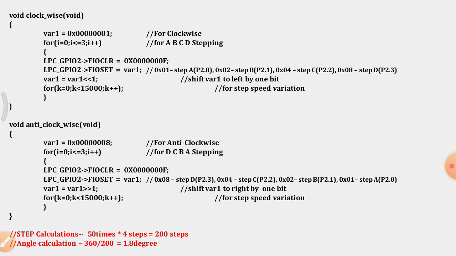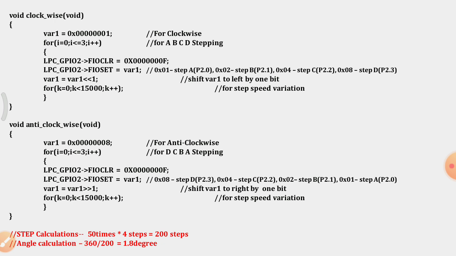Now again I am creating a 4 time for loop for DCBA stepping. Now again I am clearing all these pins P2.0, 1, 2, 3. Now I am setting only one bit of 0, 1, 2, 3, that is the var1 value is now 8. 8 means the step D.